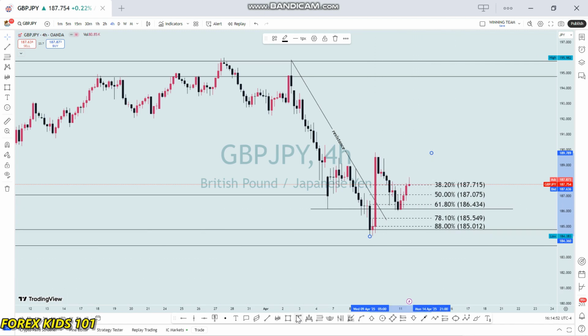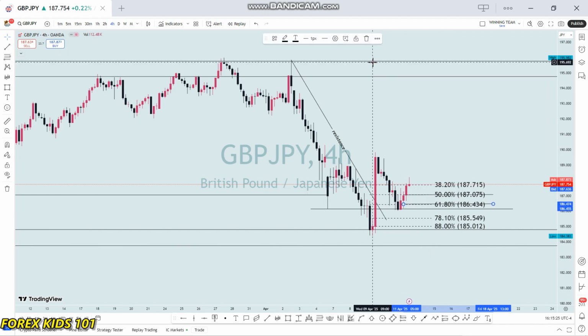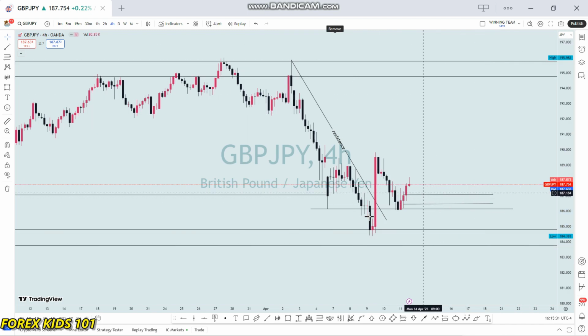That means I'm going to highlight the 50% to the 61.8% of my Fibonacci. These are the two zones that I'm going to be watching for a proper entry.